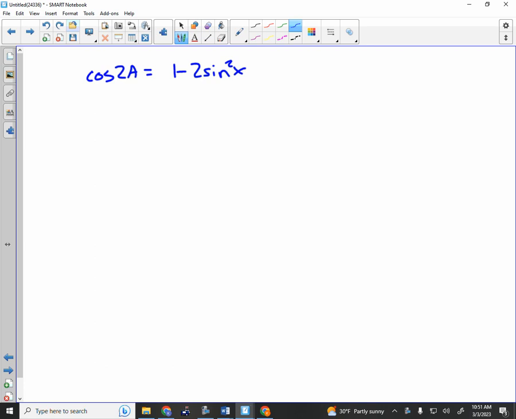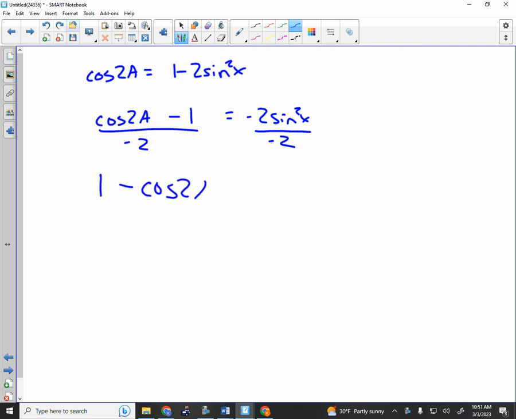And so we can actually solve for sine squared by subtracting 1. Cosine of 2x minus 1 is equal to negative 2 sine squared of x. Then you can divide by negative 2, and when you do, you end up with a positive 1 minus cosine of 2x, all over 2 is equal to sine squared of x.